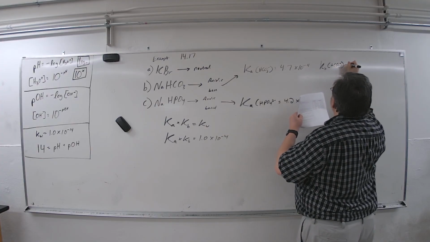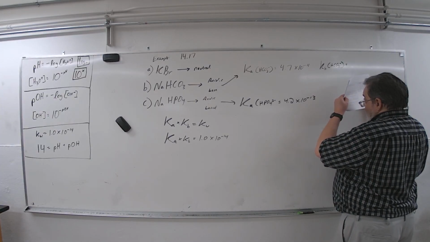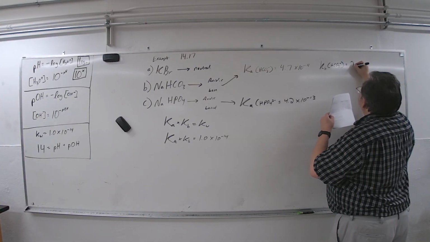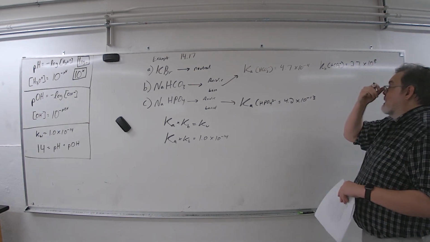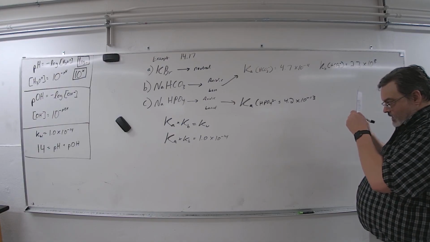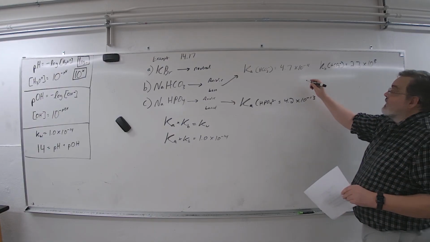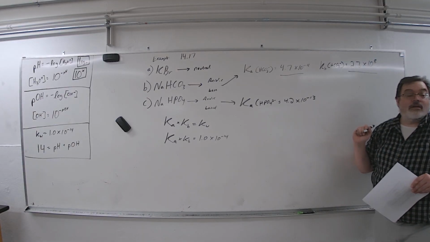CO3 minus equals, using that formula, you can find Kb for this, and you would get, which one of these is larger? Left or right?